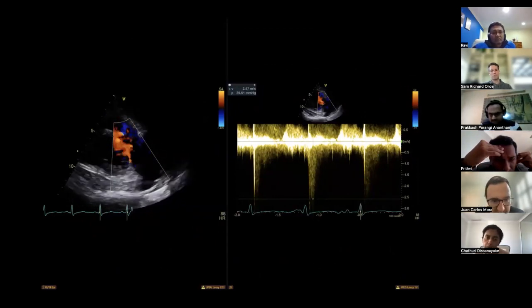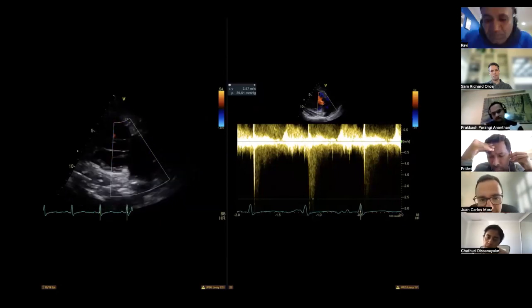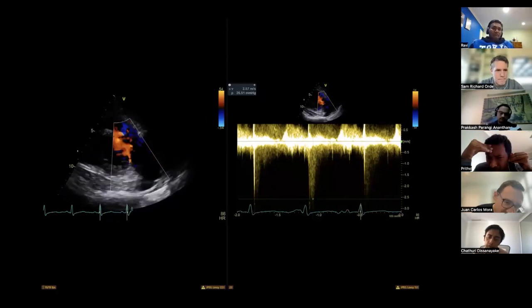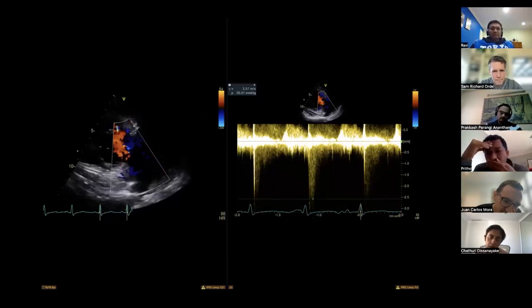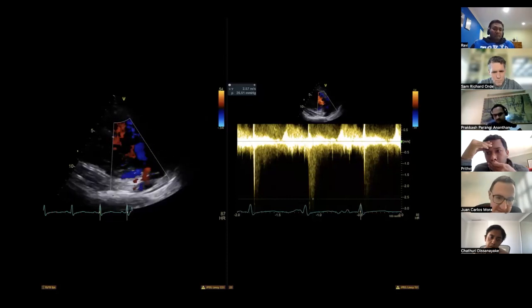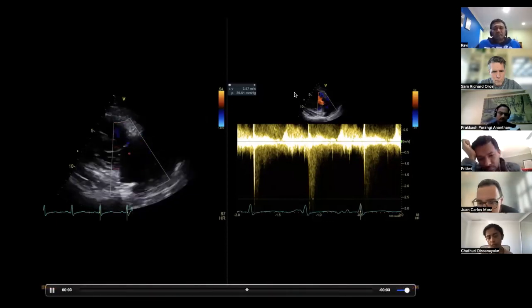So it looks like the RV inflow view. There seems to be an incomplete tricuspid regurg continuous wave Doppler waveform.